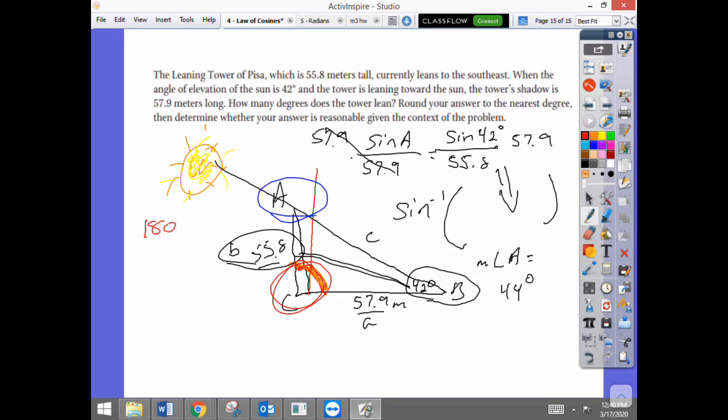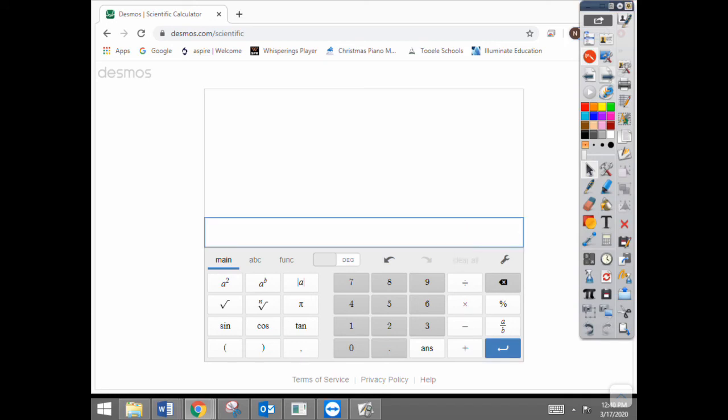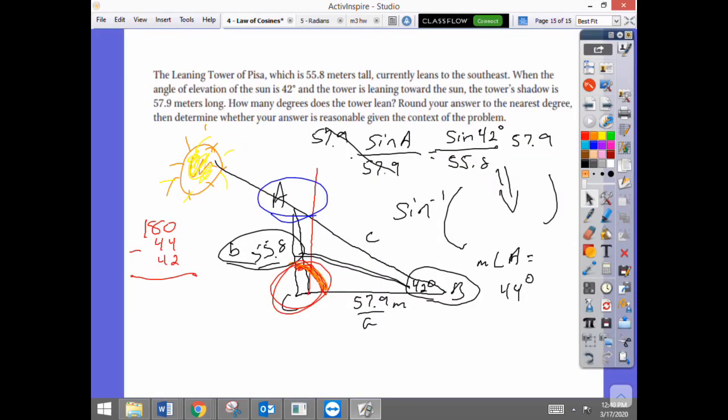So if I do 180 minus 44 minus 42, that should get me what I want. So 180 minus 44 minus 42, and we get 94. So the measure of angle C is equal to 94 degrees.